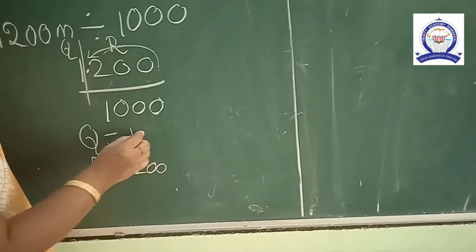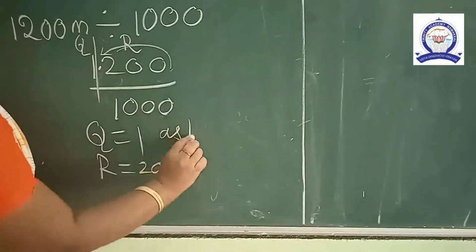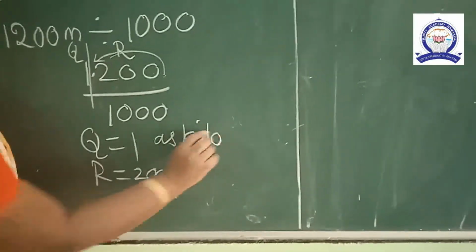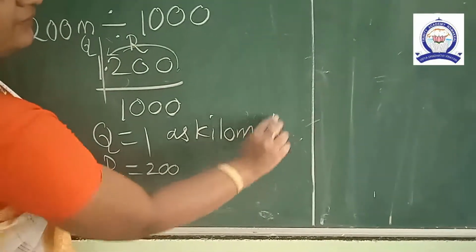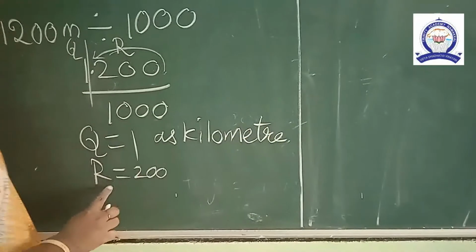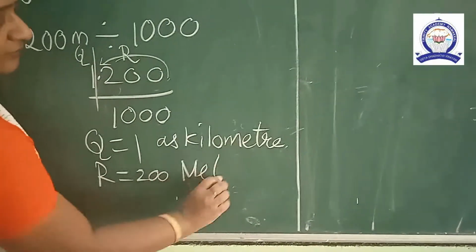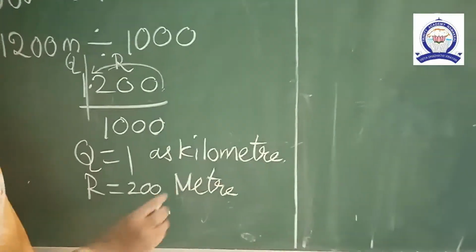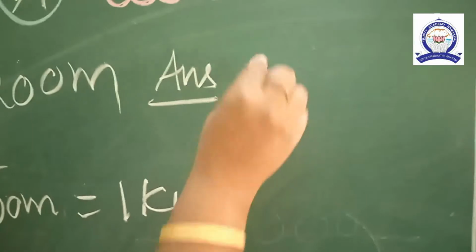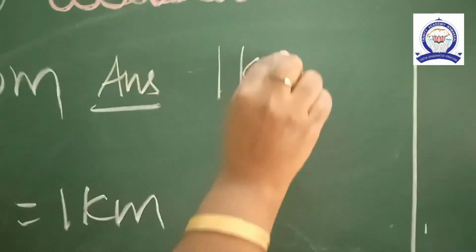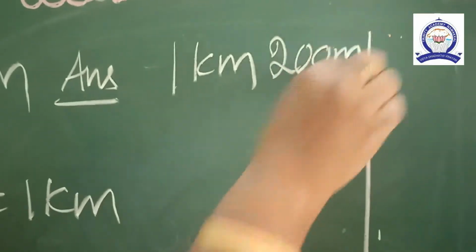So you write the quotient 1 as kilometer. Okay. So in the quotient 1 kilometer எழுதுங்க. So 1 kilometer அப்படினு எழுதணும். And the remainder 200 meter எழுதணும். So the answer is, I am writing here, answer 1 kilometer 200 meter.